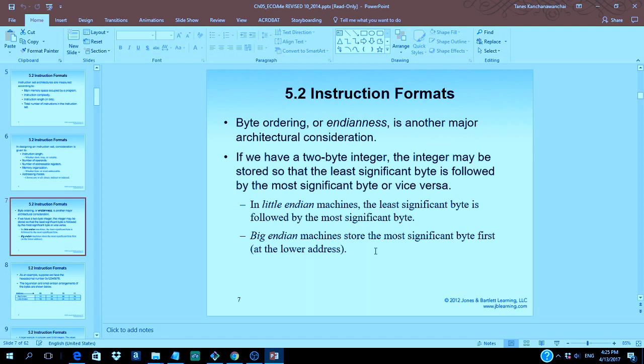For example, we have 2-byte integers. An integer may be stored so that the least significant byte is followed by the most significant byte. That's called little endian. Big endian is the most significant byte first and then the least.